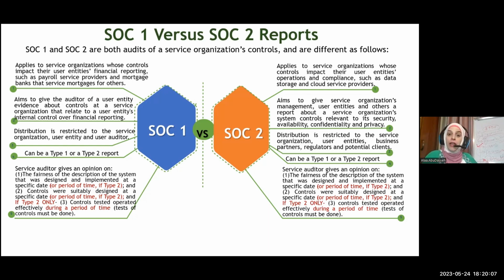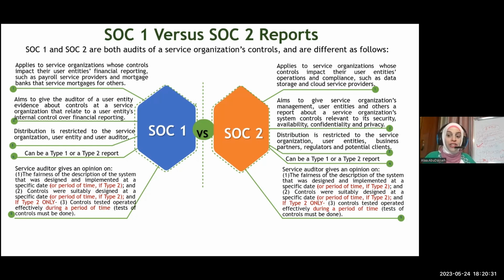Okay, so he's going to give an opinion that the controls tested operated effectively during a period of time. And tests of controls must be done if it's a type 2 report. This is similar to the SOC2 reports, the same thing. So both SOC1 and SOC2 can be either type 1 or type 2 reports.